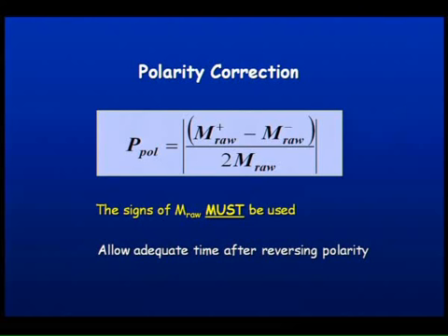So it's important that you read your calibration certificate for that. And the signs of M rho must be used. Usually they are of opposite signs unless the background is very large. After you change polarity, allow enough time for the reading to stabilize. Otherwise, you will end up with an error that can be much larger than the error you're trying to correct for.